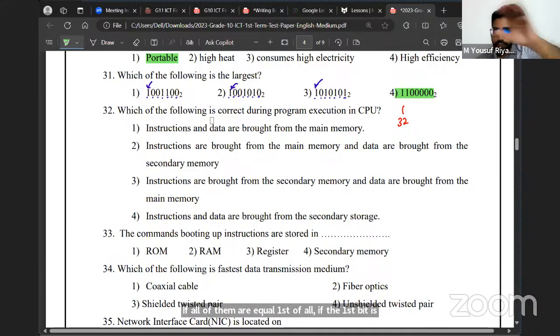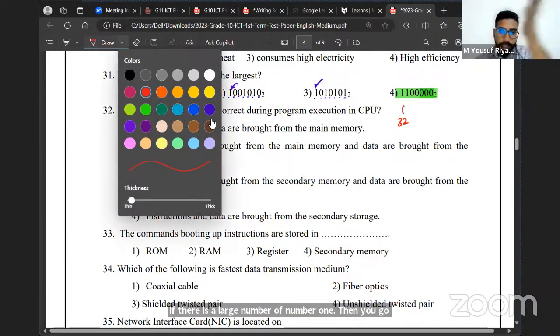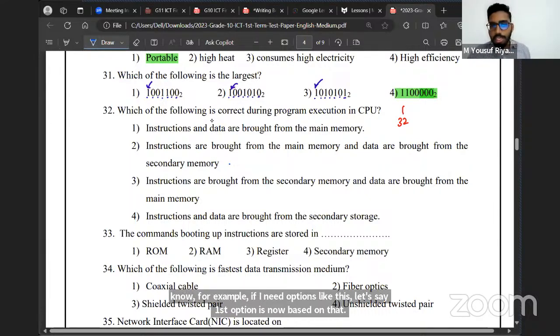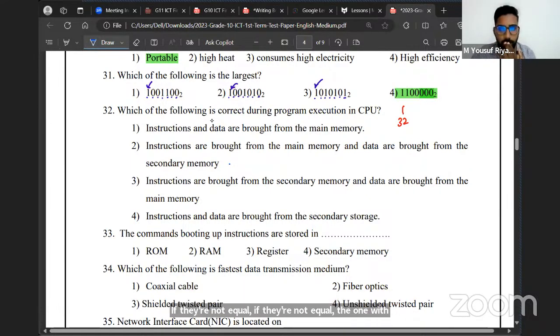If it is the same, then go for the next bit, and the next bit. If they're not equal, the one with the most bits is the largest. If the number of bits is not equal, the one with the largest number of bits and a one at the front is the largest. Simple.